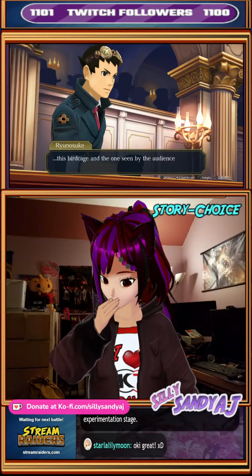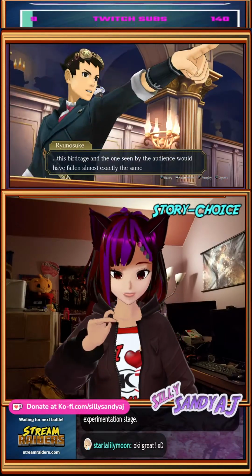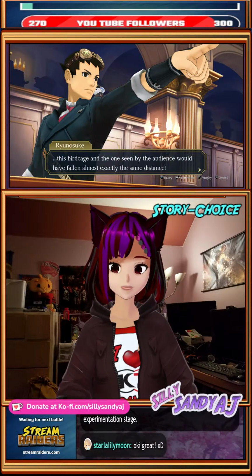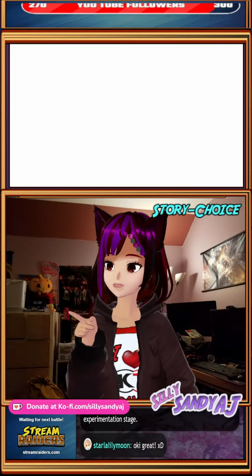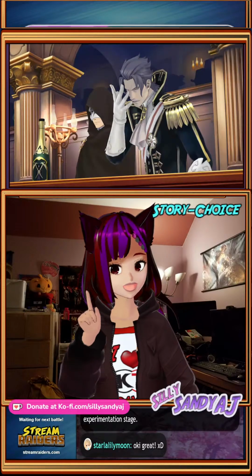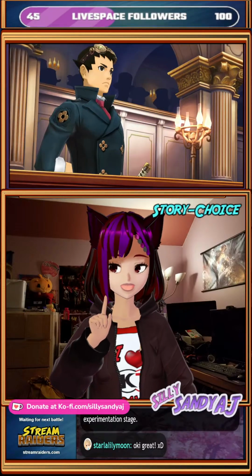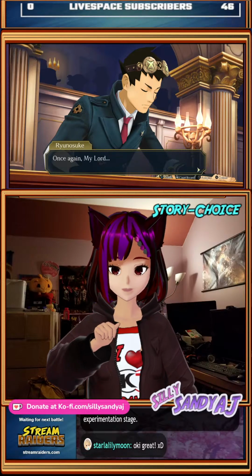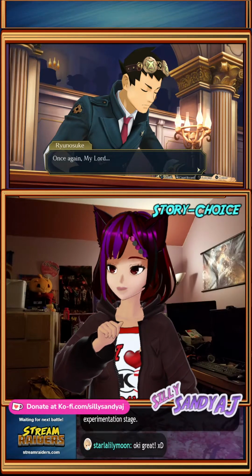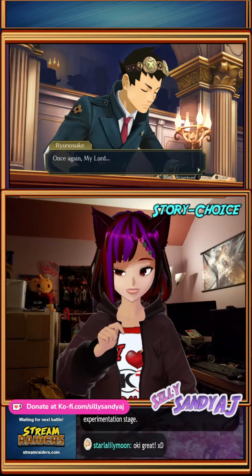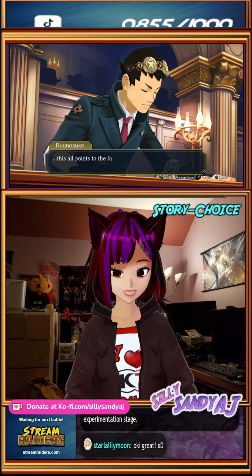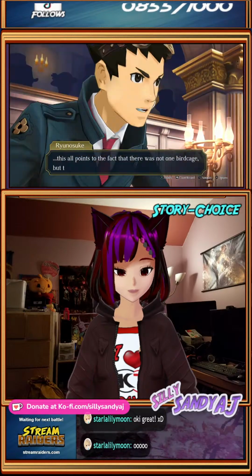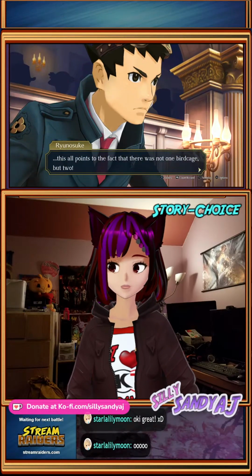This birdcage and the one seen by the audience have fallen almost exactly the same distance. That explains the crack on the bottom of the cage, and that also explains why his head wasn't cracked. It was more of his legs, I guess. Or unless he turned upside down. I don't know. I haven't figured that part out yet. Once again, my lord, all this points to the fact that there was not one birdcage, but two.